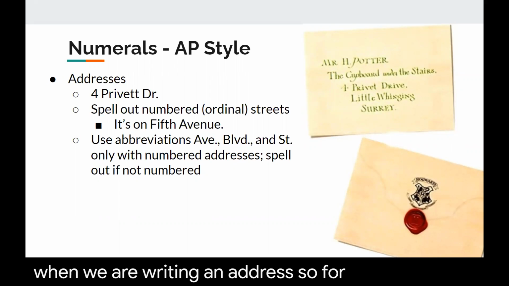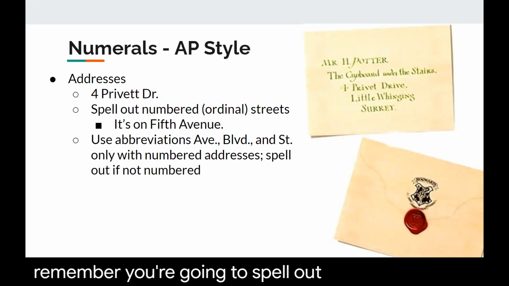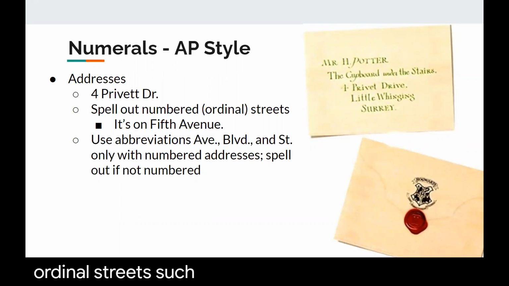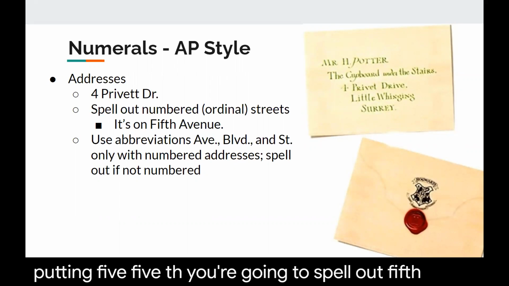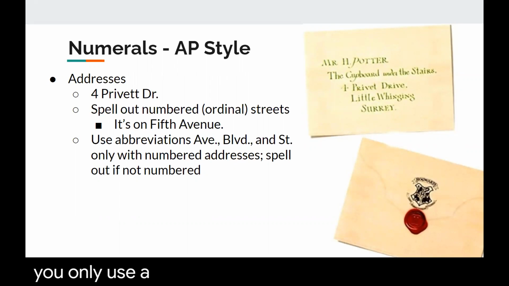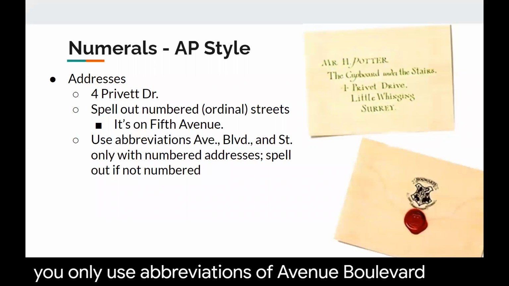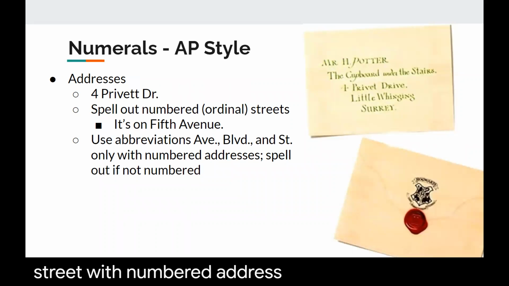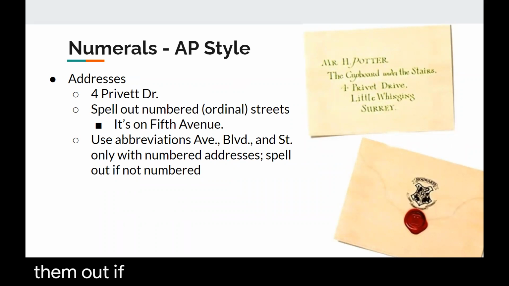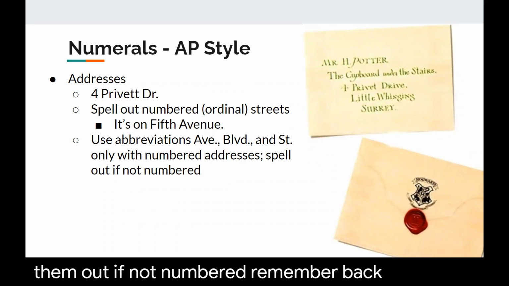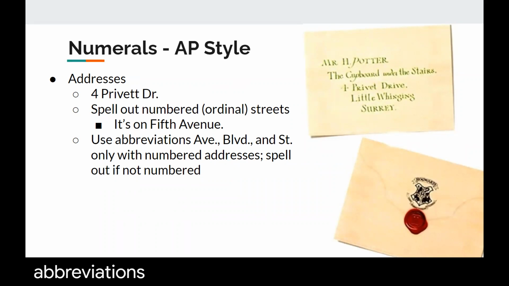So for Privet Drive, remember, you're going to spell out numbered or ordinal streets, such as 5th Avenue. Instead of putting 5th, you're going to spell out fifth. And you only use abbreviations of avenue, boulevard, and street with numbered addresses; you would spell them out if not numbered. Remember back to the abbreviations lesson for that.